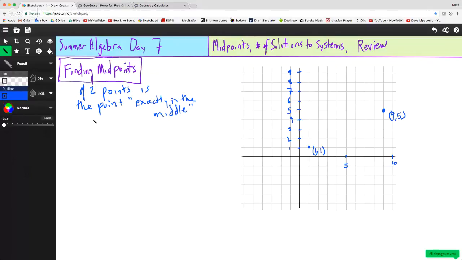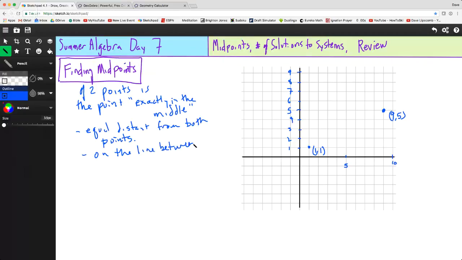Right? So it's equidistant from both points, and it's actually on the line between the 2 points.